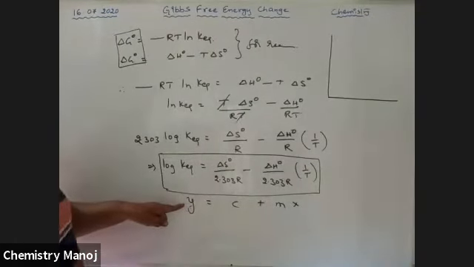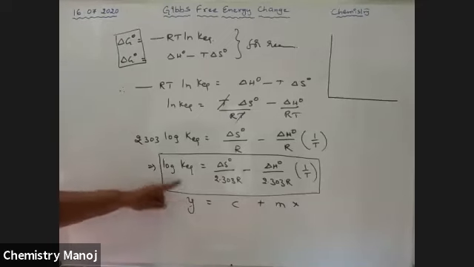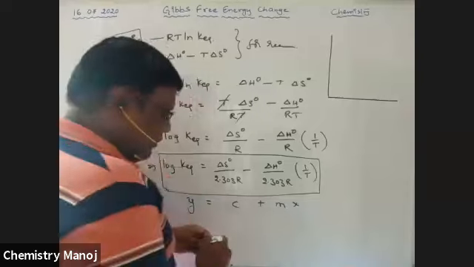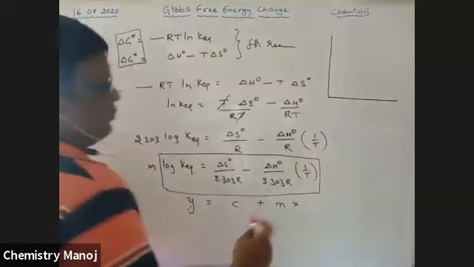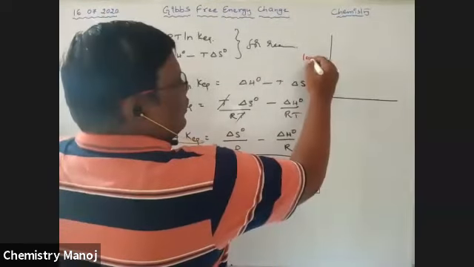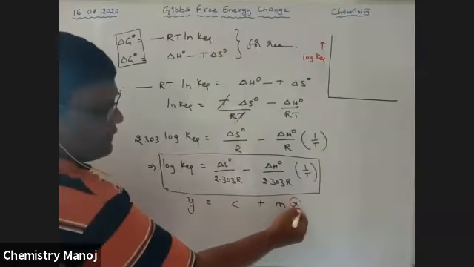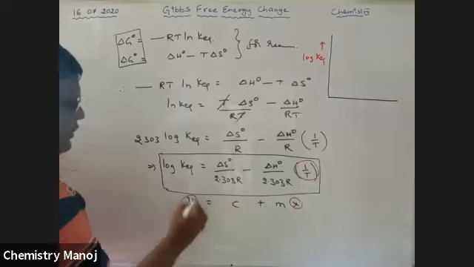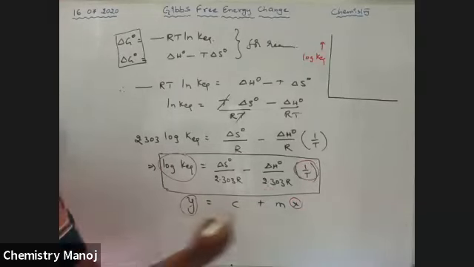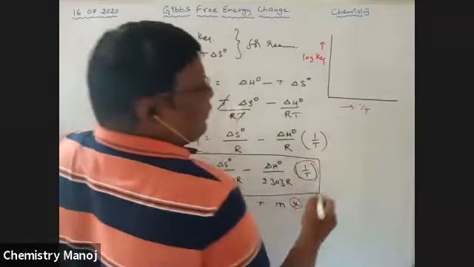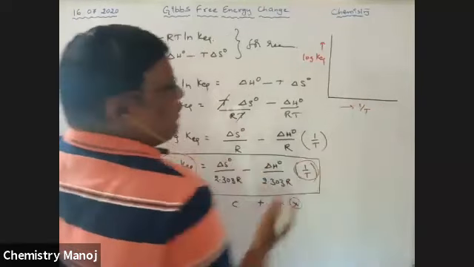On the y-axis, log K equilibrium. On the x-axis, I am taking 1 by T.